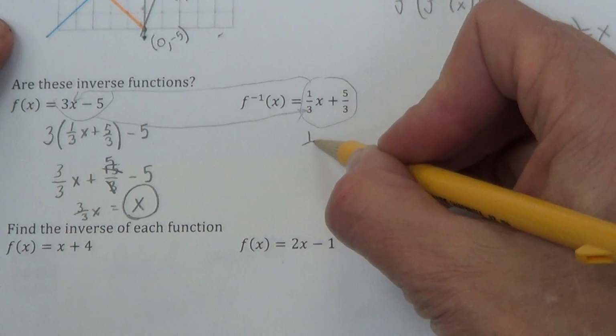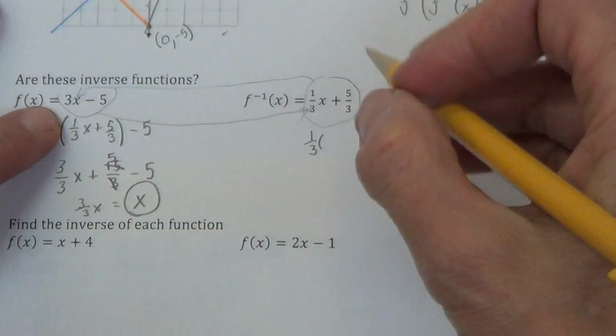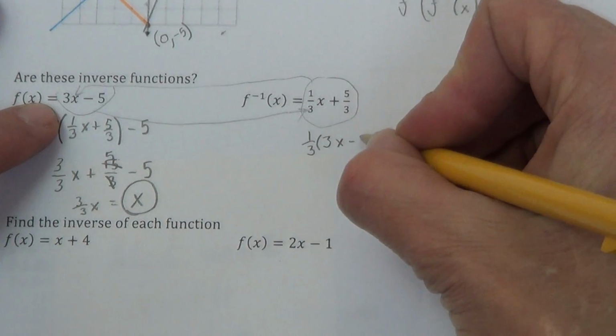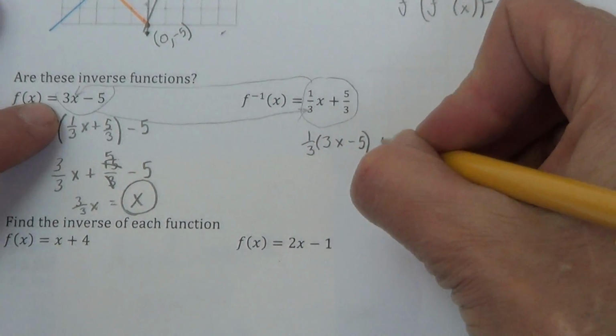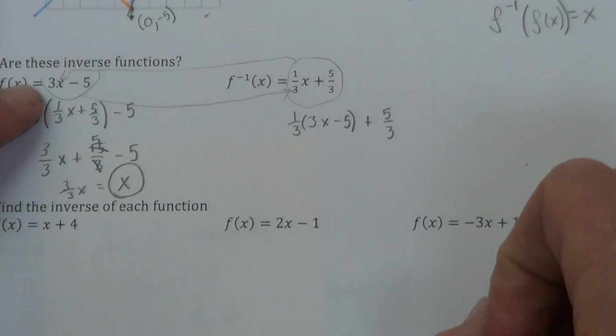Take our 1/3 instead of x, we plug in this function. So we have 3x minus 5 plus 5/3. Okay.